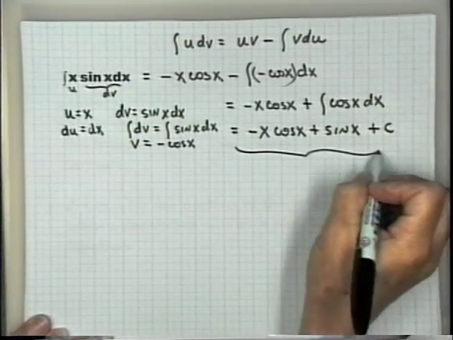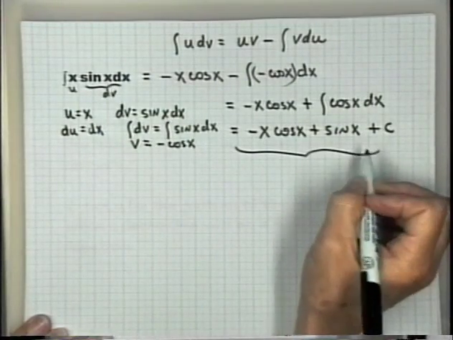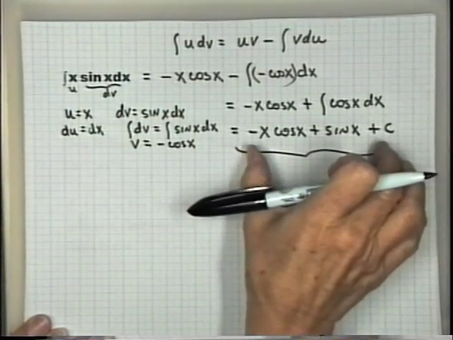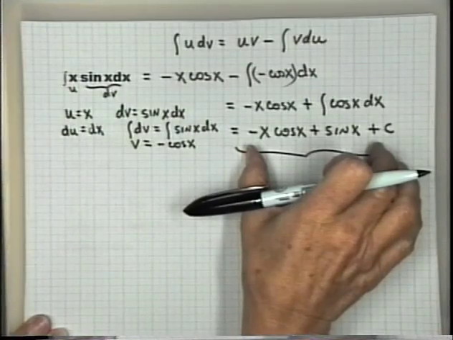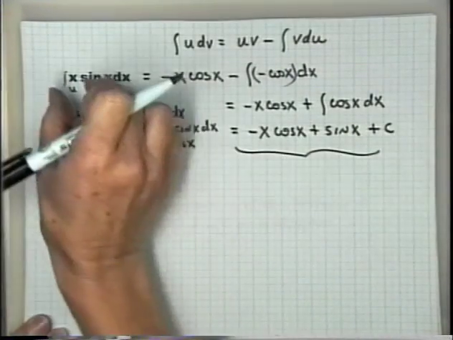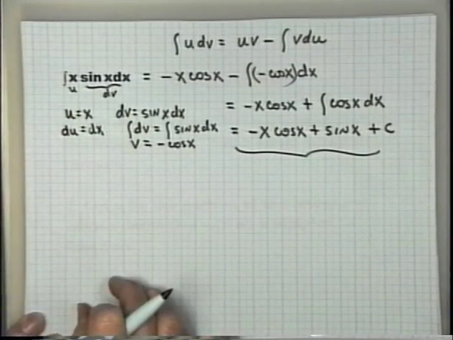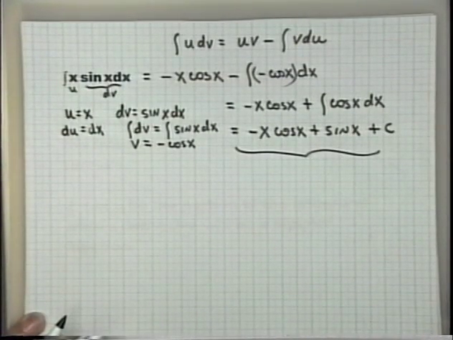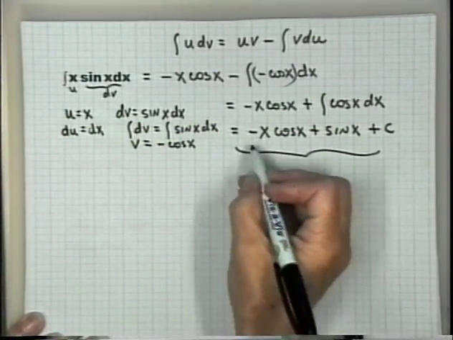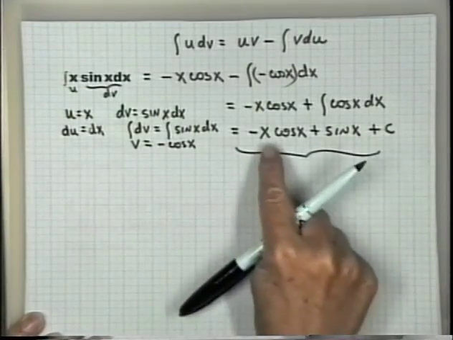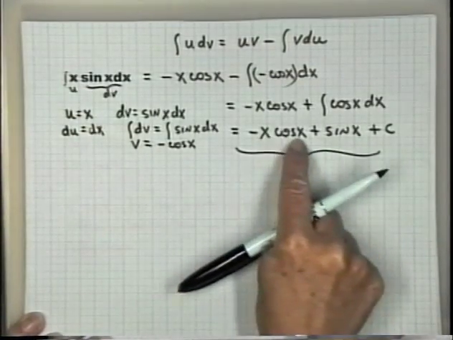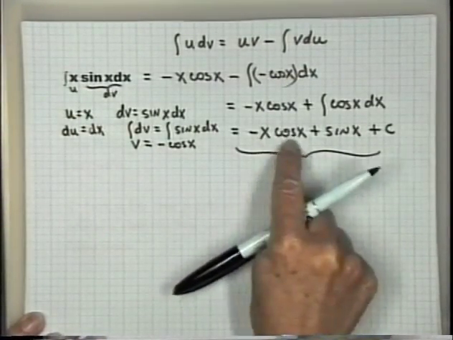Now, I want you to look at this answer. Recall that we can check to make sure this answer is correct by taking its derivative and seeing if we have the integrand right here. I'm going to check this first one just so you can see that this process does work. After the first one, I will not check these. Let's take the derivative of this. Notice right here I have a product of two functions, so I have to use the product rule here.